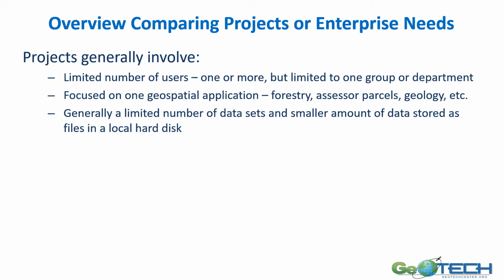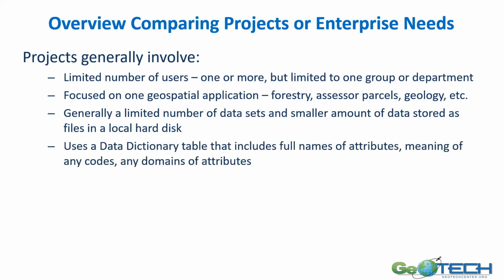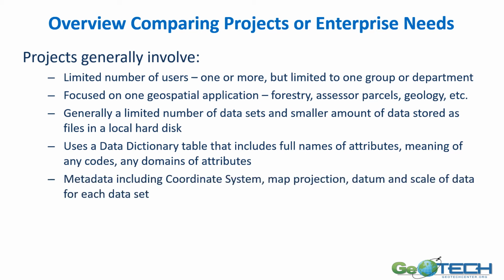Maybe even able to store on a local hard drive, or could still be on a server or in the cloud. It should still have a data dictionary, tables that are helping other people understand what the attributes mean in your tables and any codes or domains.